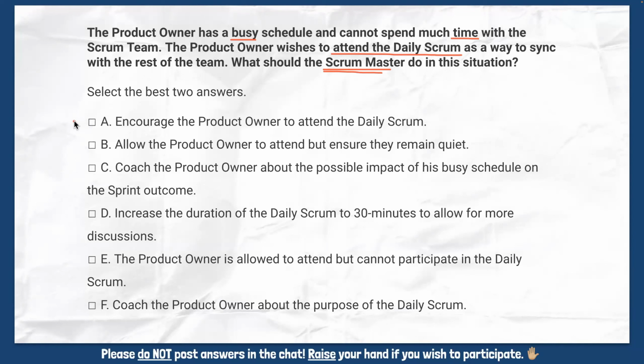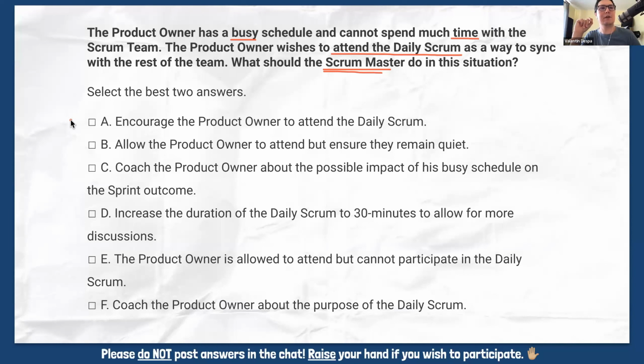Can be the answer. Not sure about this, but do you think it's a good idea for the product owner to attend the daily Scrum? Not the daily Scrum. Maybe for a while he can attend, but not the regular daily schedule.